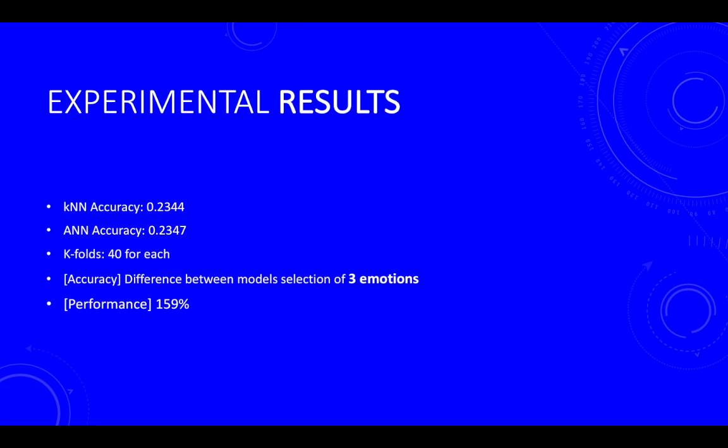Well, ANN actually identified 3 more correct emotions over KNN while running 159% faster. That's the difference between KNN and ANN in a nutshell, your performance metric. It's doing the same exact thing with a slight difference in accuracy, and you're getting pretty much 1.5 times faster.